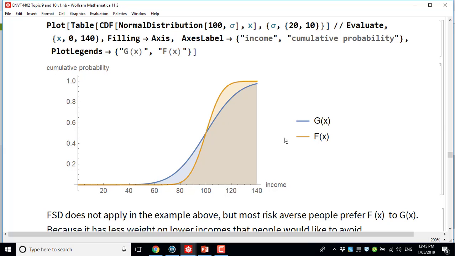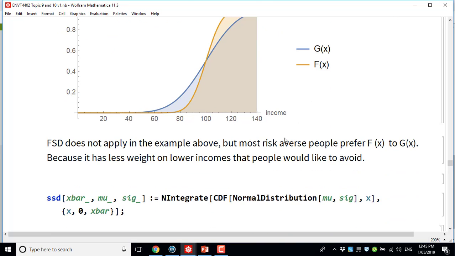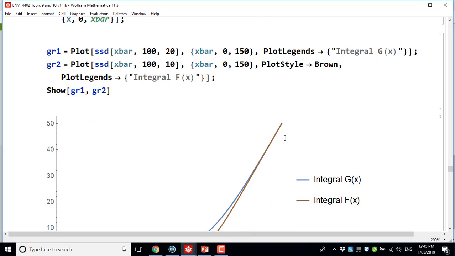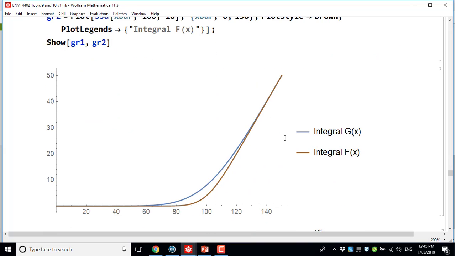Which option should we select? We have to go for the second order stochastic dominance. What we can do is calculate the integral of these two distributions over a certain range, and pick the one which has the smallest area or the smallest number.